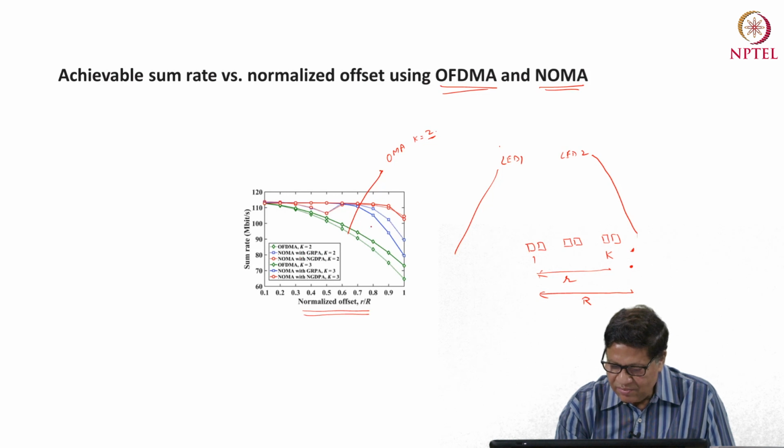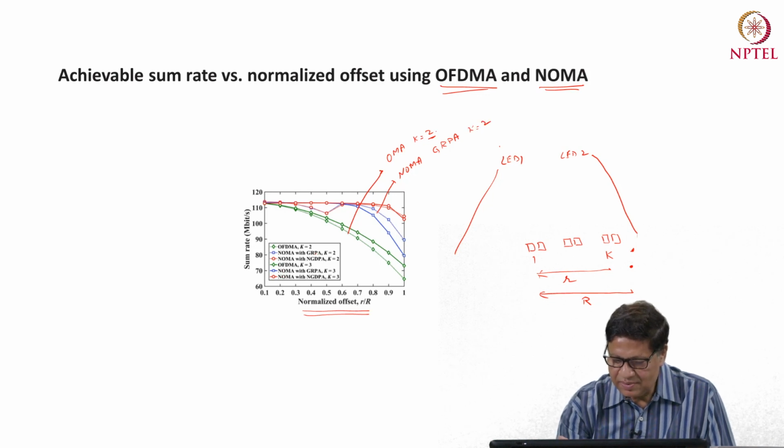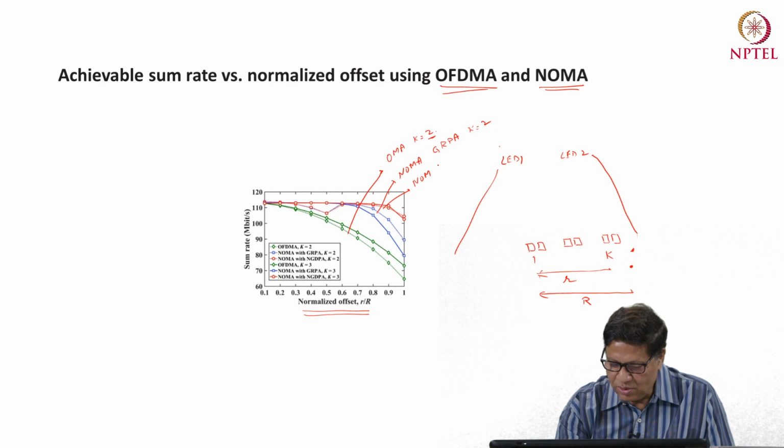So this is NOMA using algorithm GRPA. This is again k is equal to 2. And the third one is this dashed line. This is NOMA using the normalized gain difference algorithm, NGDPA, and this is k is equal to 2.